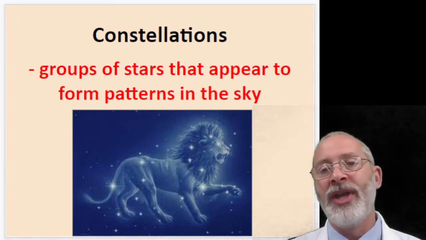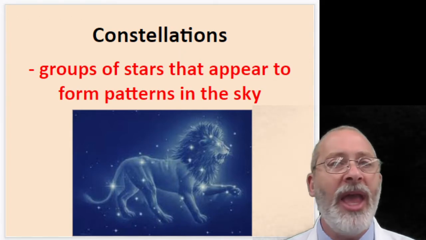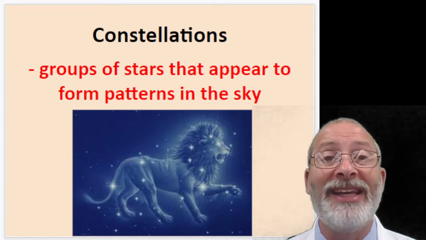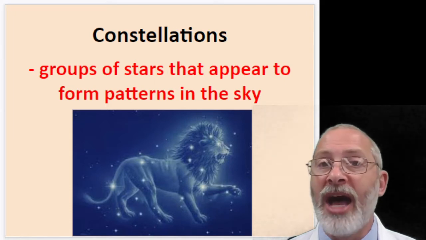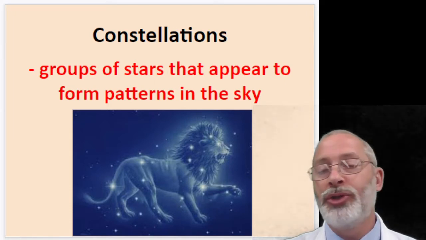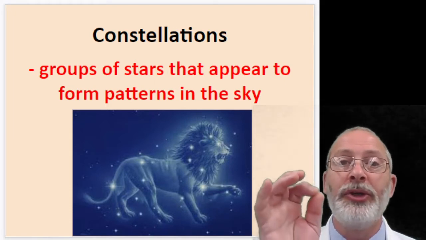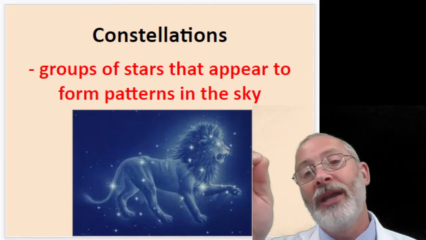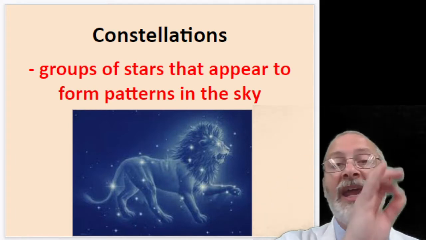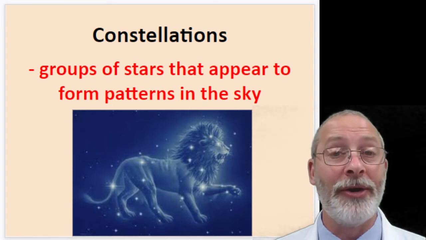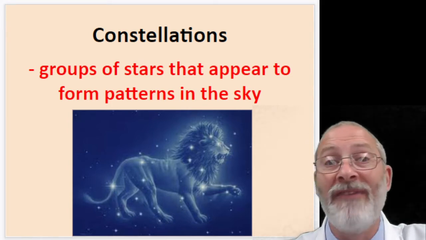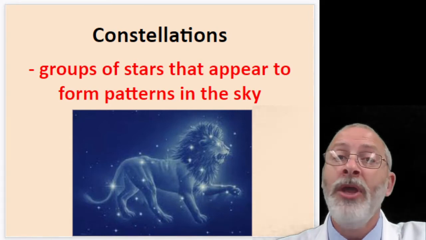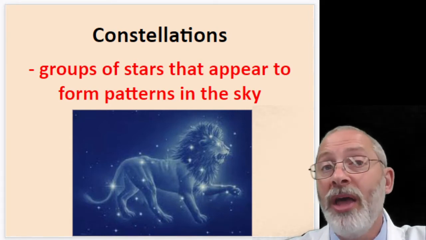But stars nonetheless. Now, how many of you have ever played Connect the Dots? If you've ever played Connect the Dots, then you know how to follow with your pencil or your pen from dot number 1 to dot number 2 to dot number 3, and at the end it reveals a pattern. Well, the stars in the night sky don't have numbers on them per se, but some of them are brighter than others.